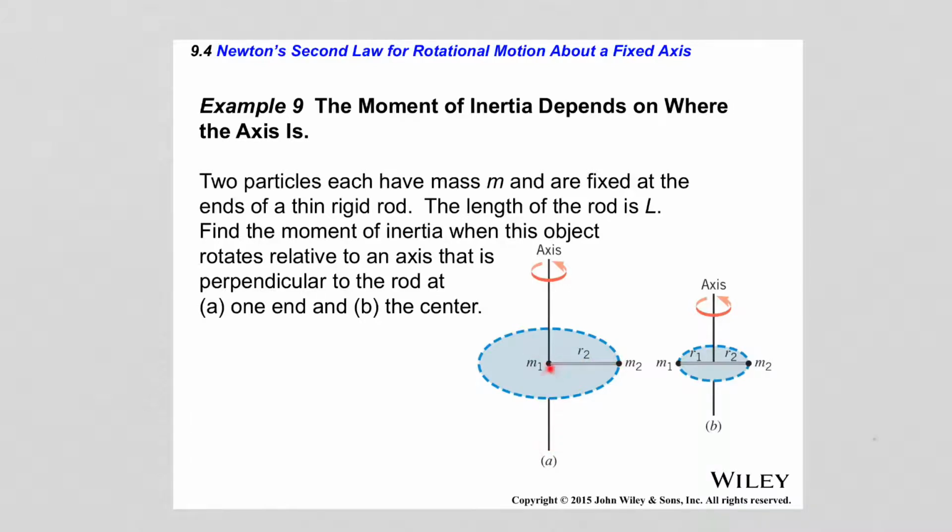The axis of rotation passes through one end of the rod in the first configuration, and then in the second configuration we have the two masses at the ends of the rod, and the axis of rotation passes through the center of the rod.